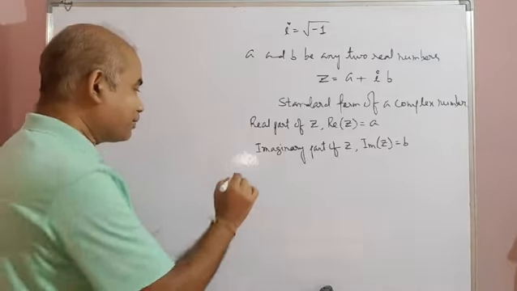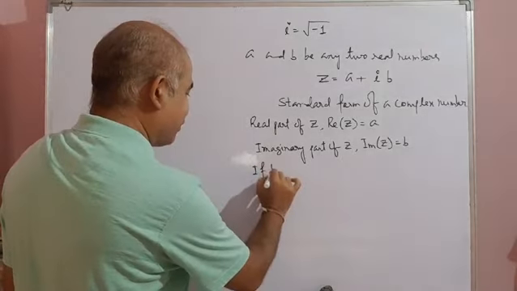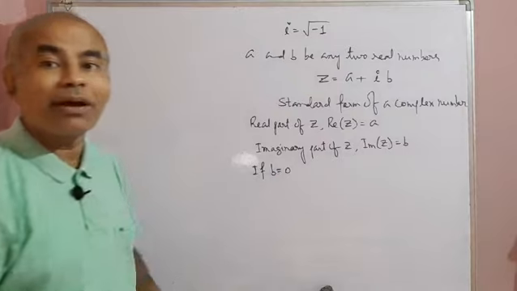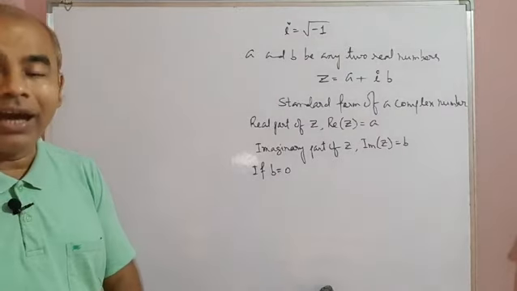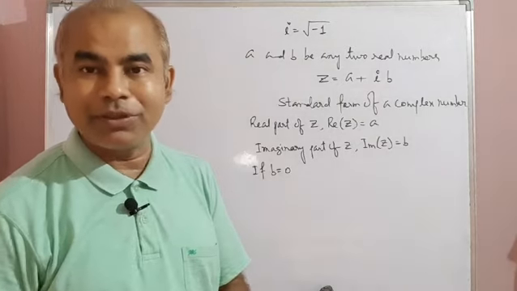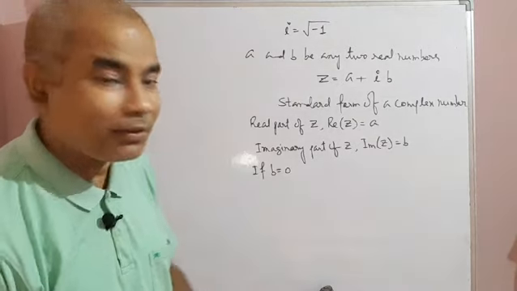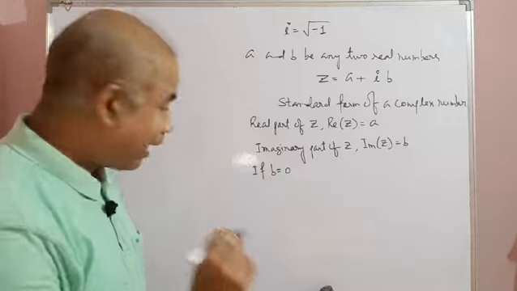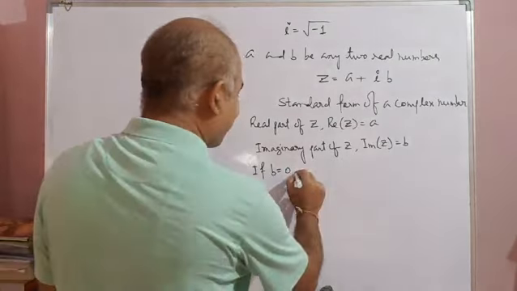Now as I told you, a and b can be any real number. Suppose I consider the real number b, that is the imaginary part of the complex number, as 0. Because 0 is also a real number, b can be 0. So I consider b equal to 0, and a also equal to 0.